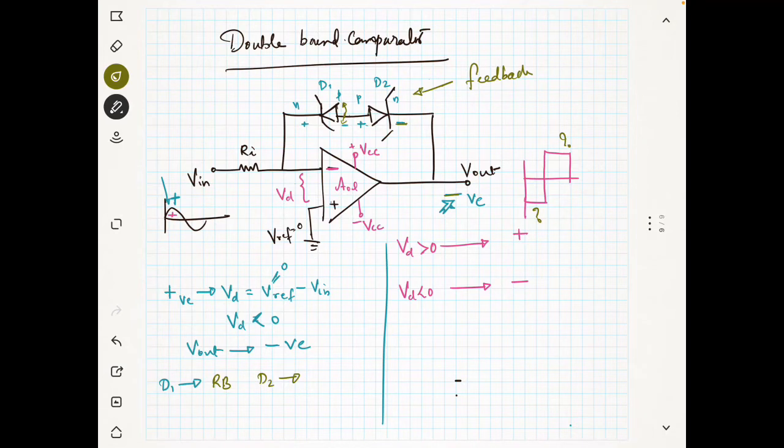So diode D2 is forward biased. When it is reverse biased, the voltage will be Vz, and when it is forward biased, the voltage will be 0.7. So the polarity will be exactly like this.